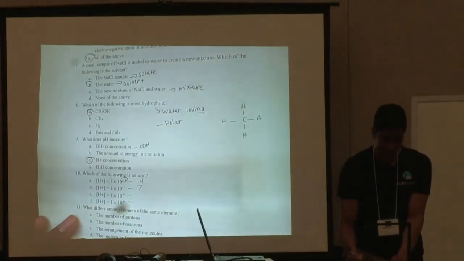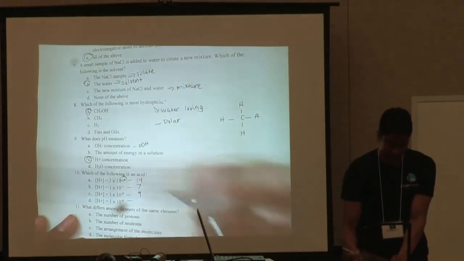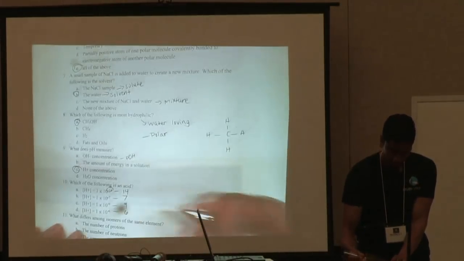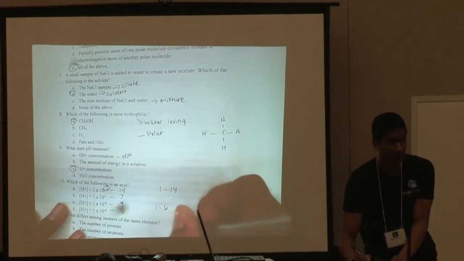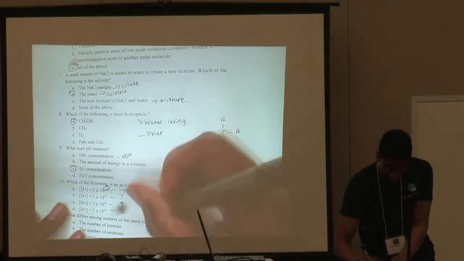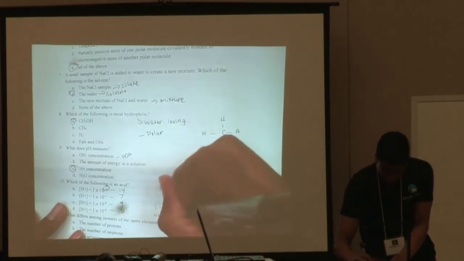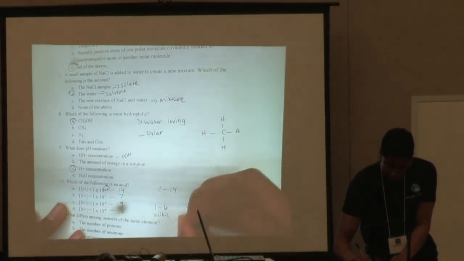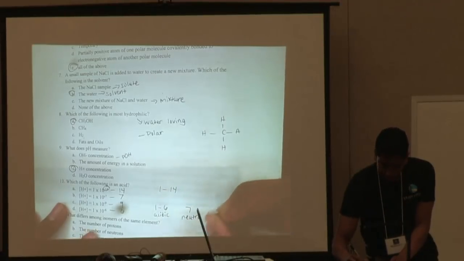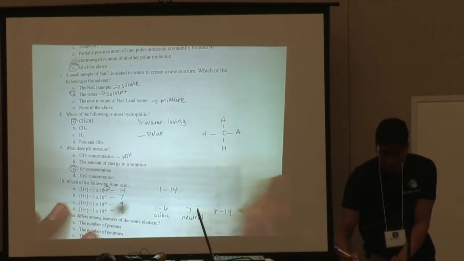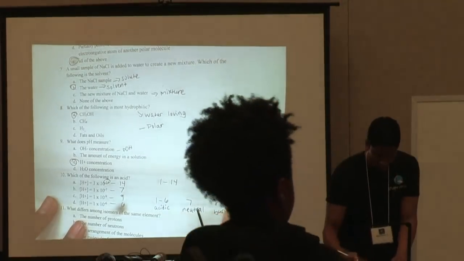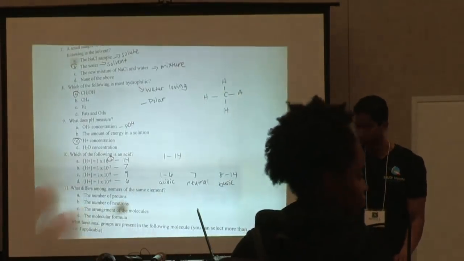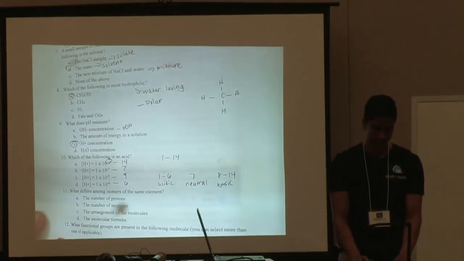What's C? 9, and D is? So remember, the scale is 1 through 14. 1 through 6 is what? Acidic. 7 is? Good. 8 through 14 is? Good. So what's the answer? D. Good job.